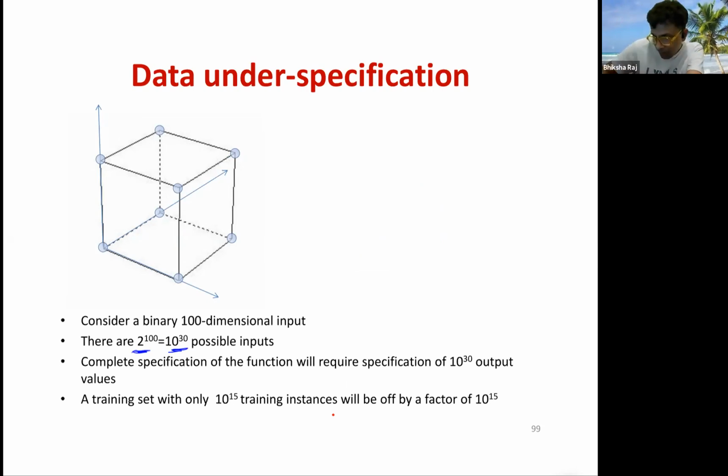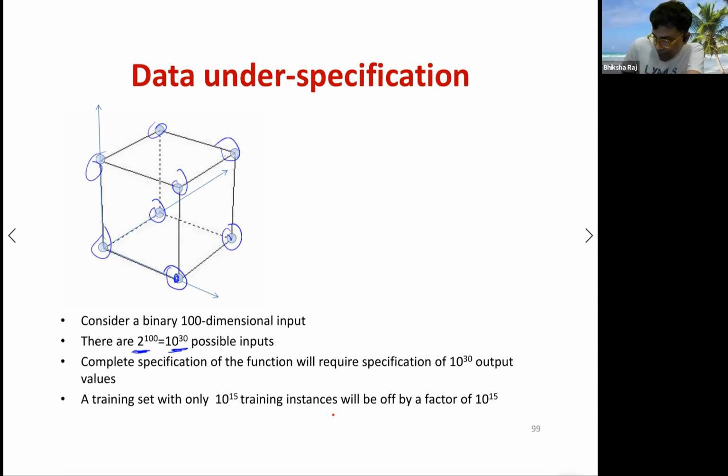possible inputs. And because the data are binary, the data are all going to live on the corners of a binary hypercube. Now, to learn the function fully, I need to know the function value at every one of these corners.